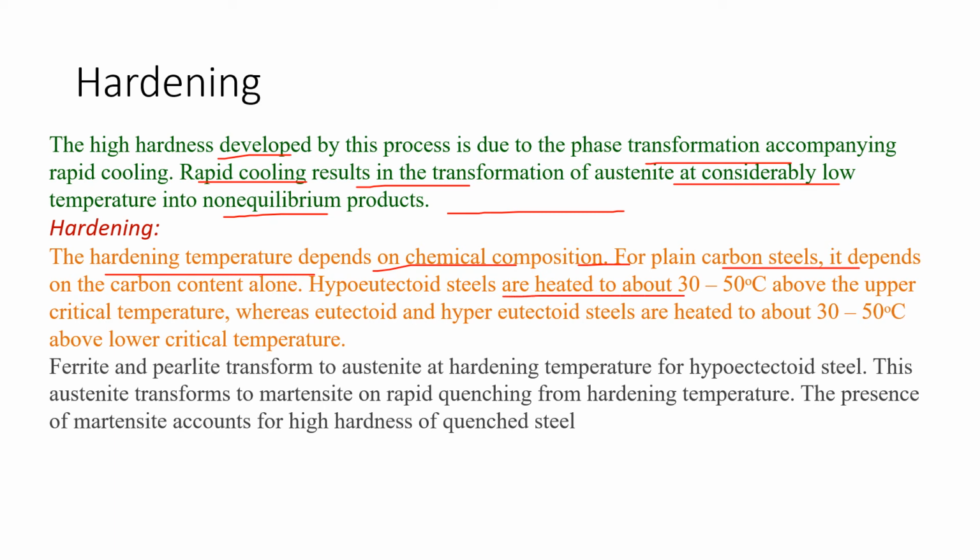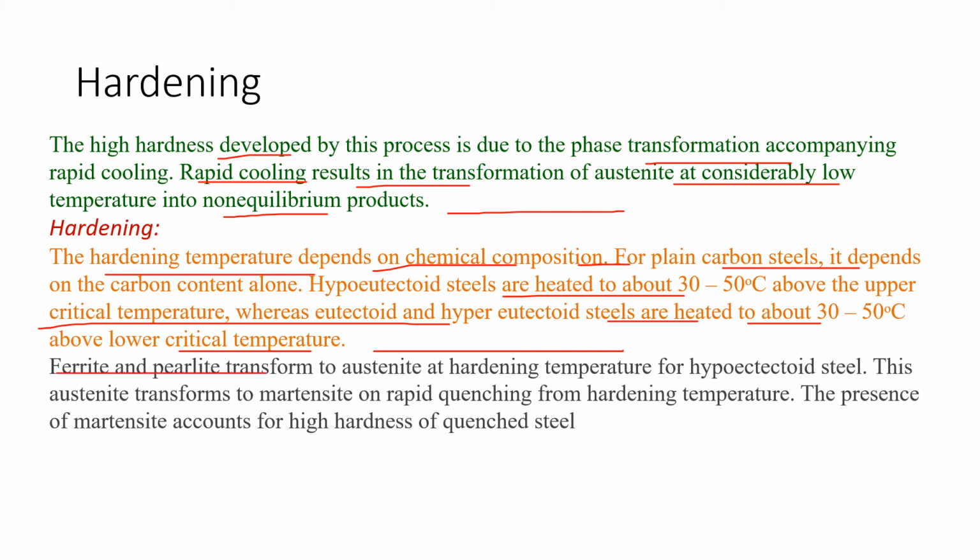Hypoeutectoid steels are heated to about 30 to 50 degrees centigrade above the upper critical temperature, whereas eutectoid and hypereutectoid steels are heated about 30 to 50 degrees centigrade above the lower critical temperature.